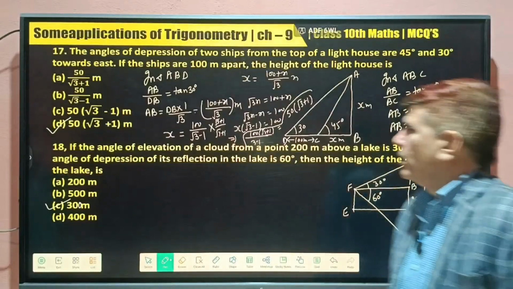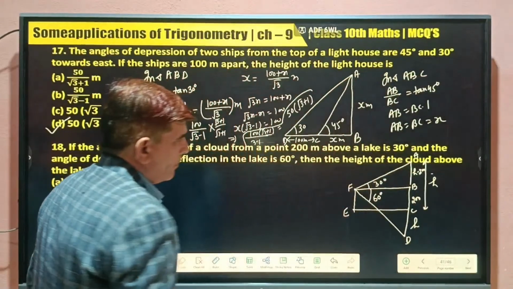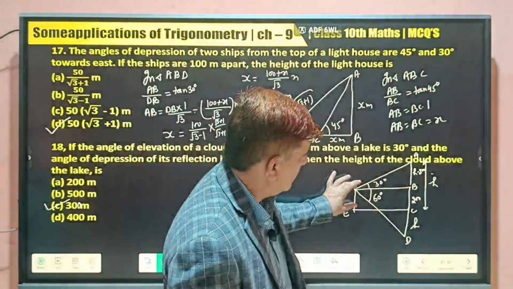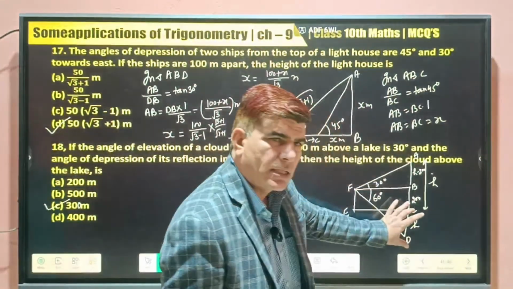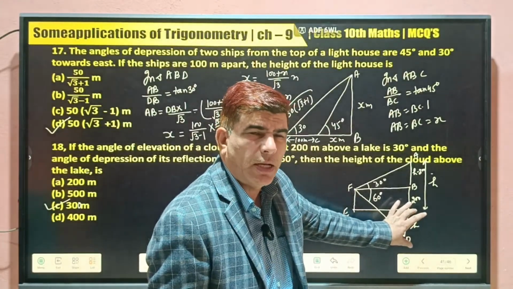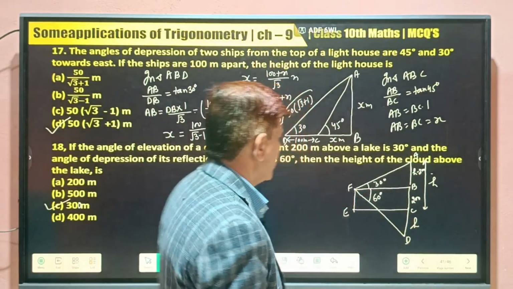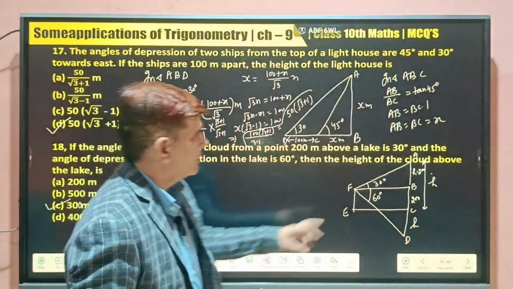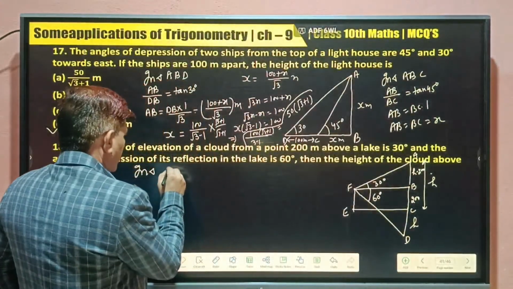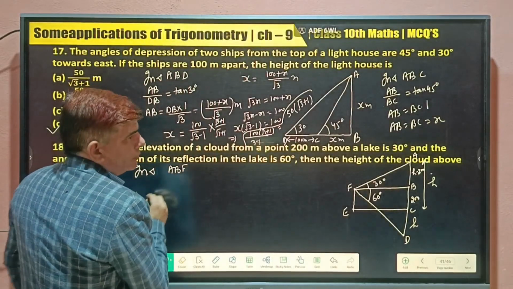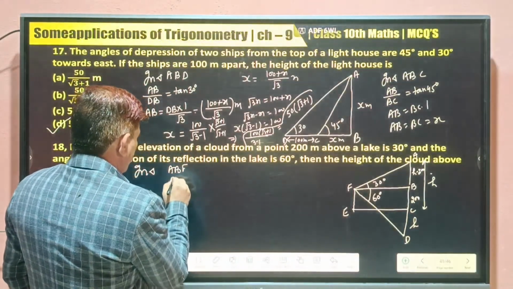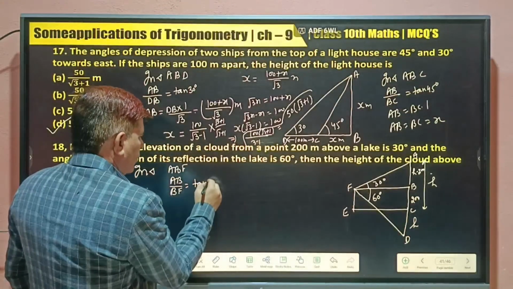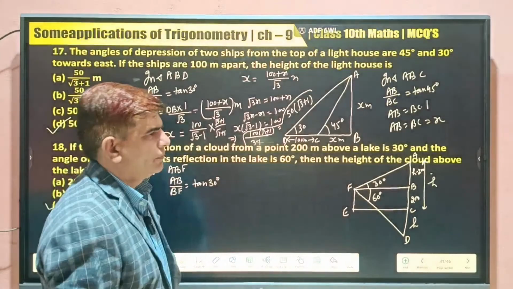Yes or no? So look one time. This is the point 200 above. This is H, this is H. This is the rule of science, the angle of reflection. So what can you take in triangle ABF? AB by BF is equal to tangent 30 degree.